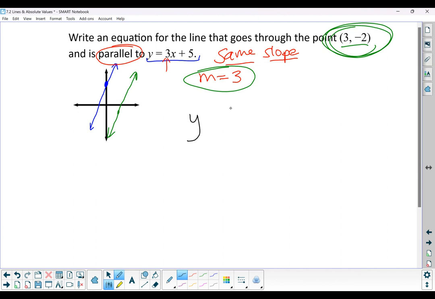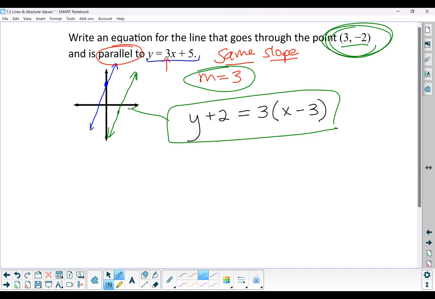So it's going to be y minus -2, so that's going to be y plus 2 equals 3, our slope, and then we want to have x minus our x coordinate of our point, which is 3. So this would be the equation of the green line. It's parallel to 3x plus 5, and it goes through the point (3, -2).